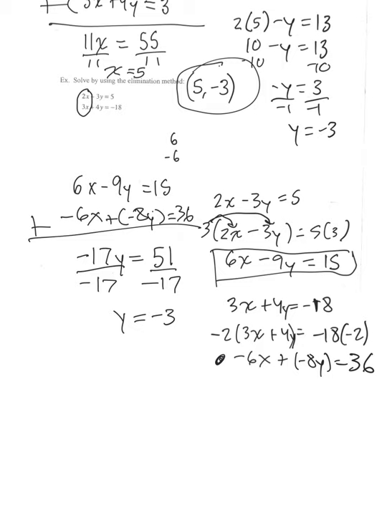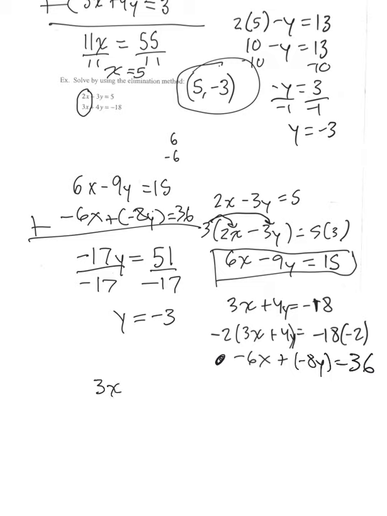And now the real strength here is that since we have the value of one of the variables, it's really easy to figure out the other one, the x, by just substituting negative 3 into either of the equations. It can be one of the equivalent equations or of the original. I'm just going to pick the bottom one from the original.